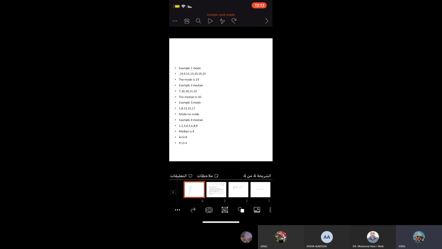We have 1, 2, 3, 4, 5, 6, 8, and 9. Here we have two middle numbers. So we will take the two middle numbers and add them and we will have 9. We will divide it by 2. 9 divided by 2 is 4. So the median is 4.